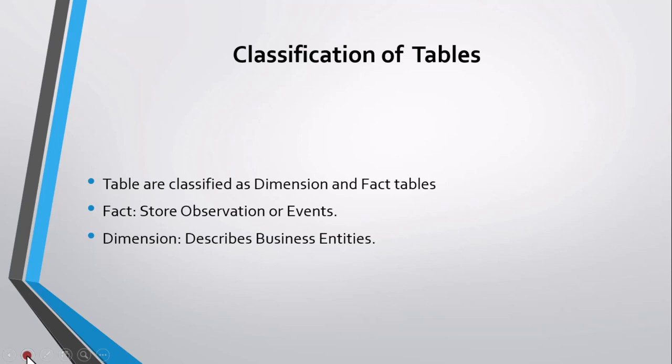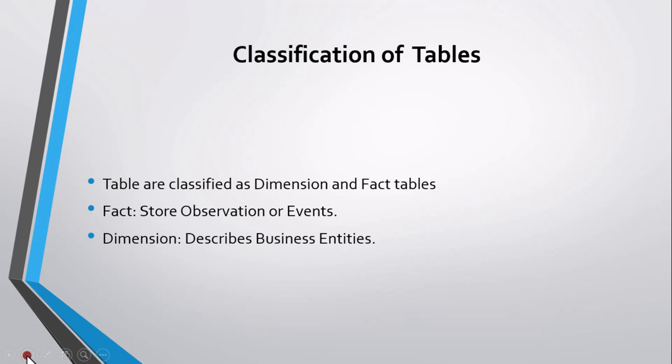The fact table seeks to capture observations and events, while the dimension table describes the various business entities, such as customer name and product name.